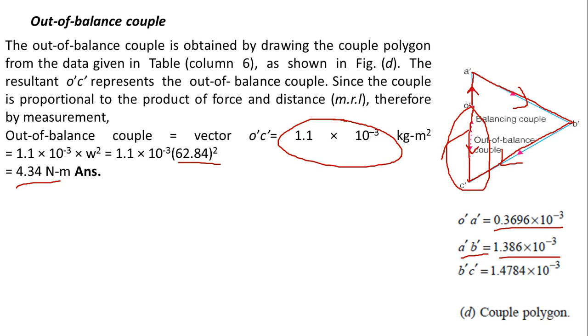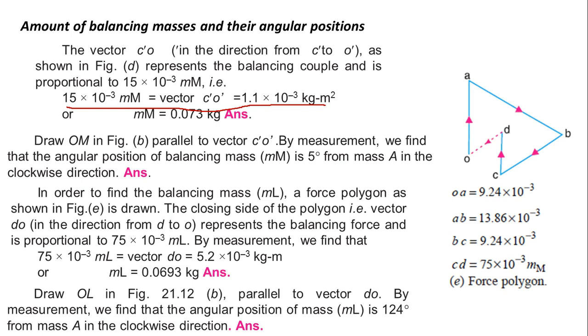Again no need to draw it once again, because you are getting the balancing couple in this same case, since anyway it is 0 on the other side. So this value will be equal to 15 into 10 to the power of minus 3. From there we will be getting the mass mm. So mm is 0.073 kg.